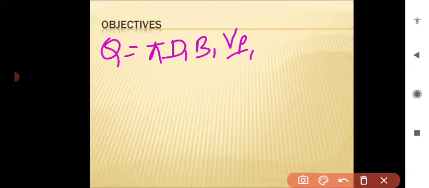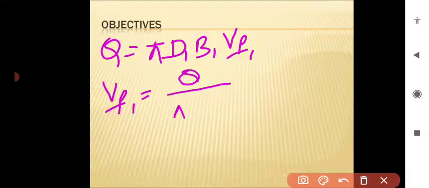So from this equation we will get Vf1. So Vf1 is equal to Q by pi into d1 into b1.